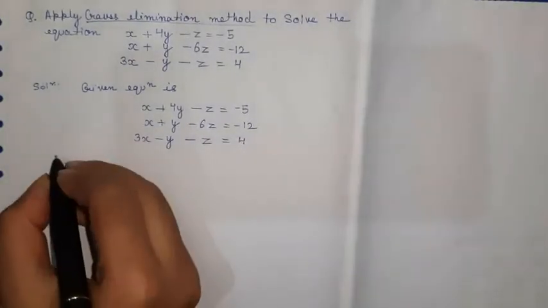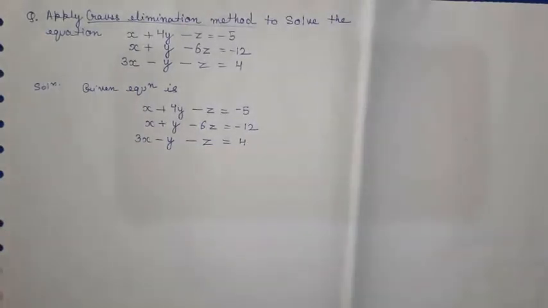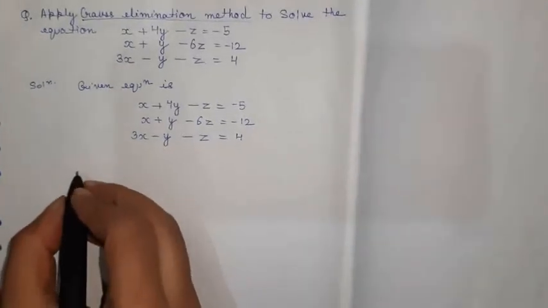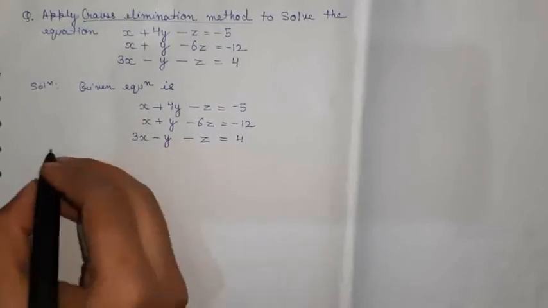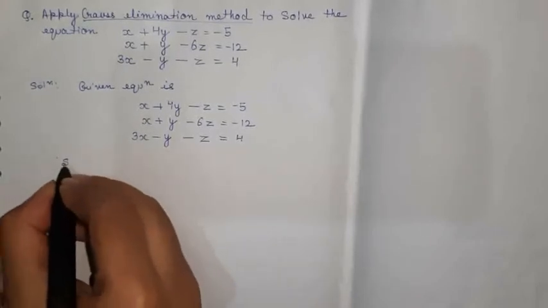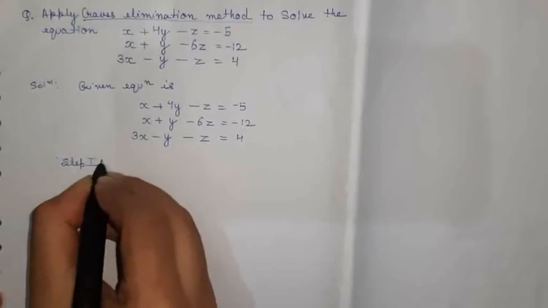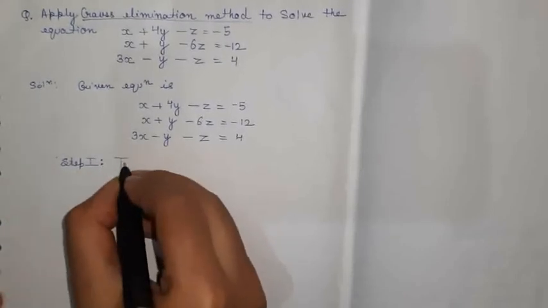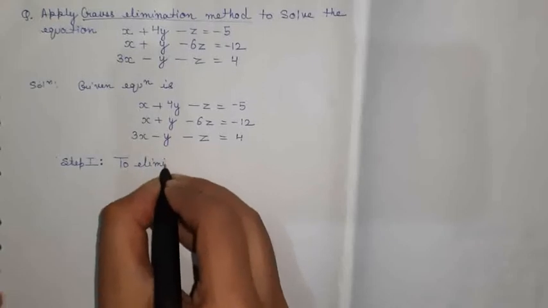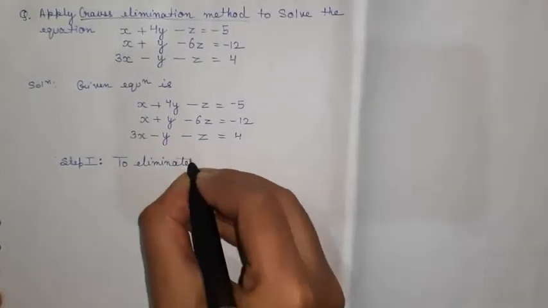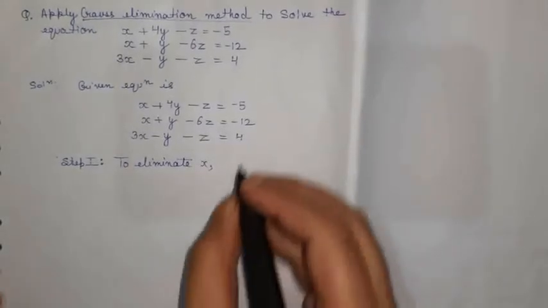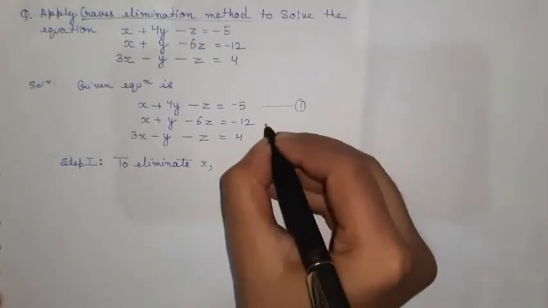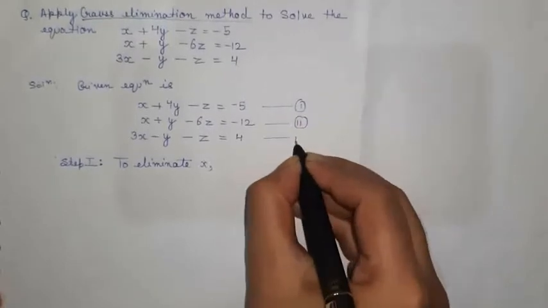According to the previous algorithm of Gauss elimination, we first have to eliminate x from the second and third equation. So we write step 1: to eliminate x. This is our first equation, this is the second equation, and this is the third equation.